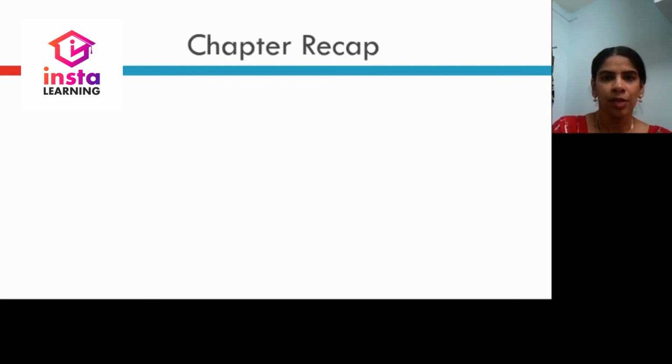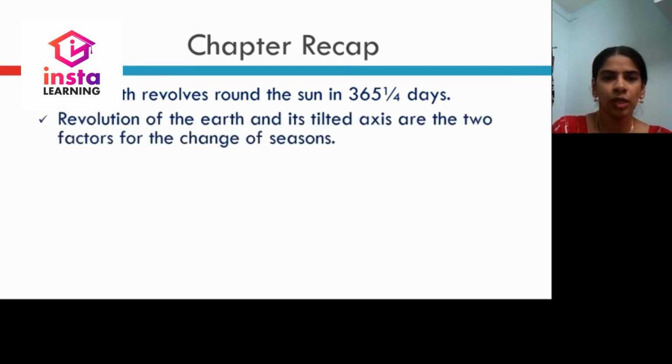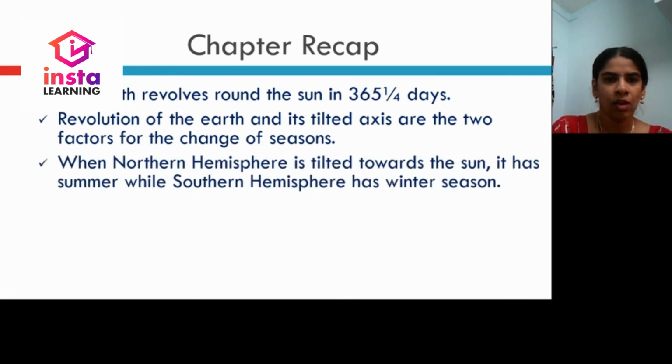Let us have a chapter recap. The earth revolves around the sun in 365 1/4 days. Revolution of the earth and its tilted axis are the 2 factors for the change of seasons. When the northern hemisphere is tilted towards the sun, it has summer, while the southern hemisphere has winter season.